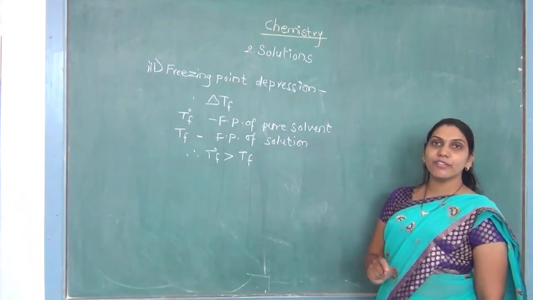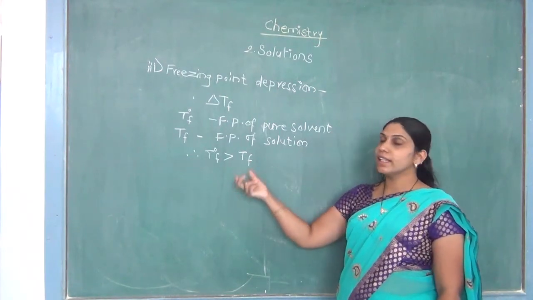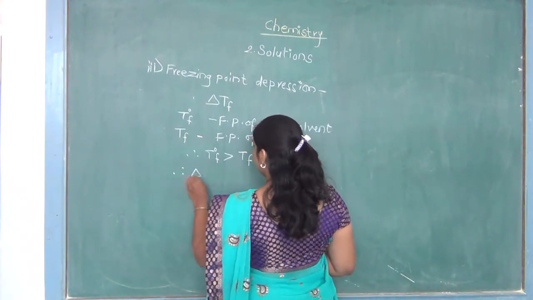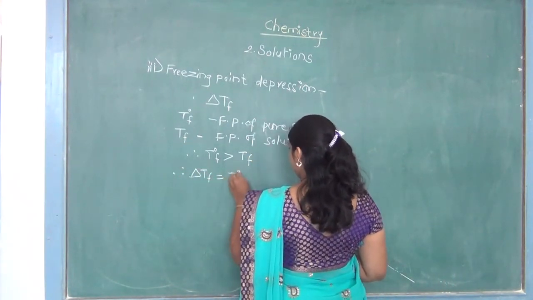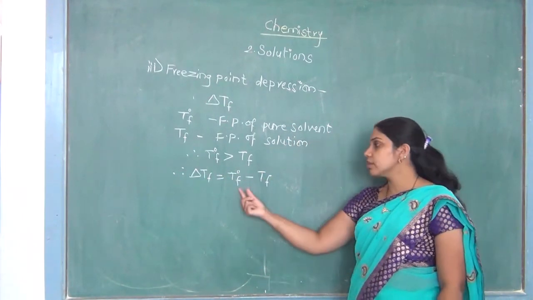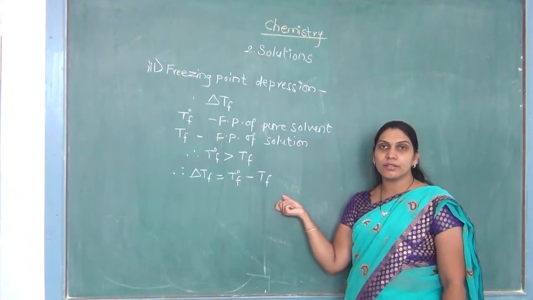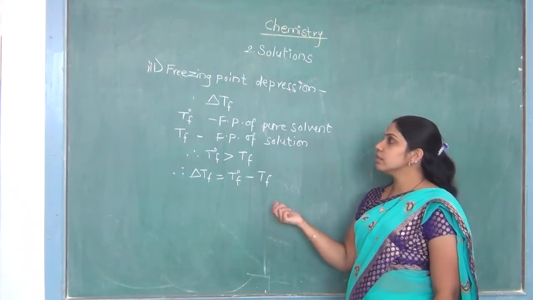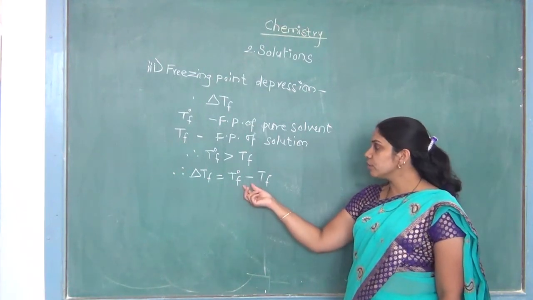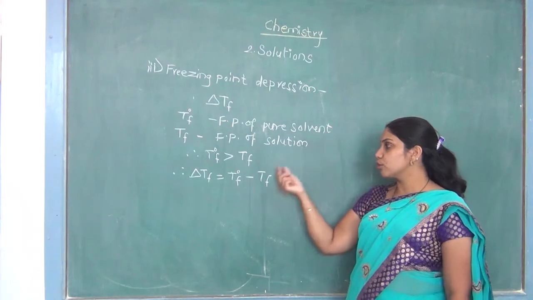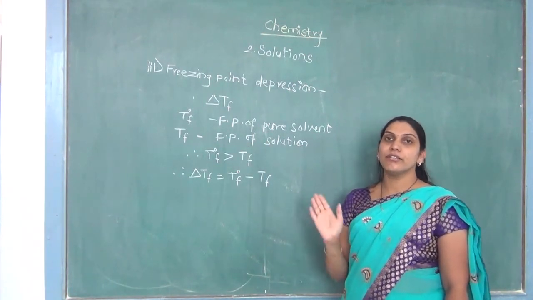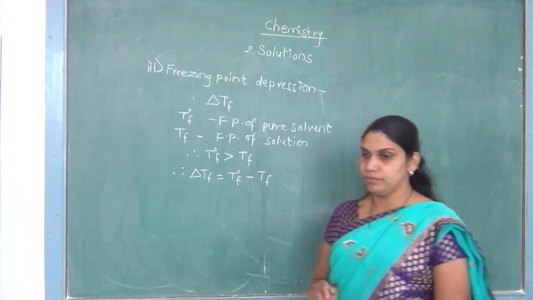And as T0F is greater than TF, the equation for delta TF is T0F minus TF. That is, the freezing point depression is defined as the difference between freezing point of pure solvent and freezing point of solution. That is freezing point depression.